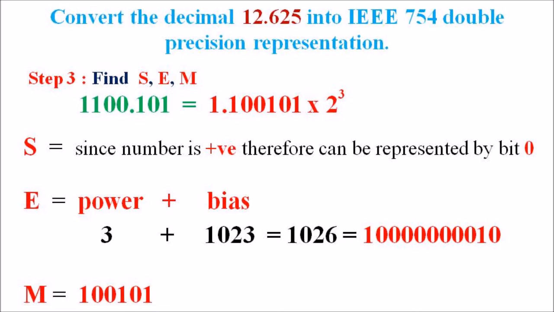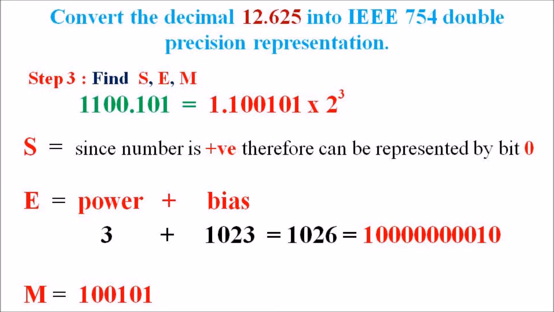That is, we got the answer 1.100101 times 2 raised to 3. The power of 2, or the exponent, is considered as the power value. That is 3 plus the bias value 1023, which results in 1026, a decimal number whose binary representation is 1 followed by 8 zeros, then 10. So 10000000010 is the binary representation of the decimal number 1026.